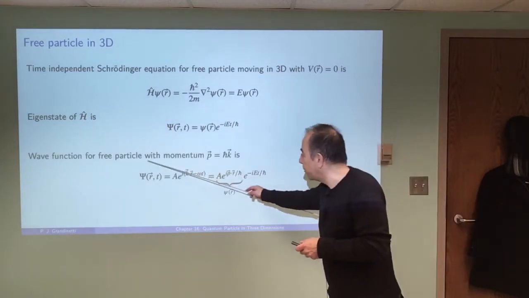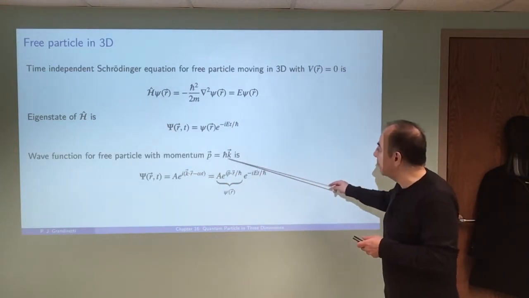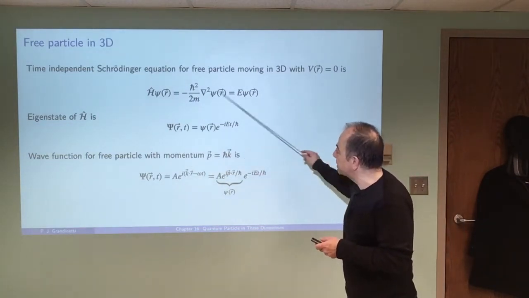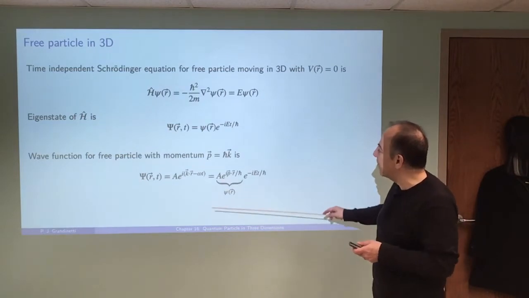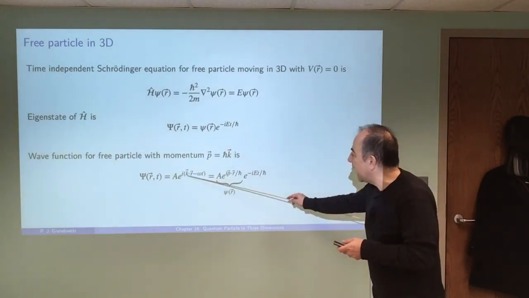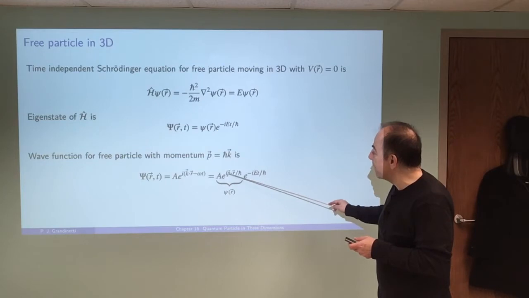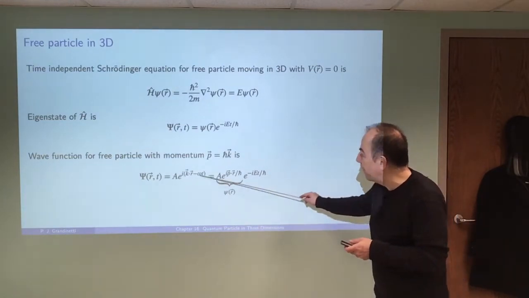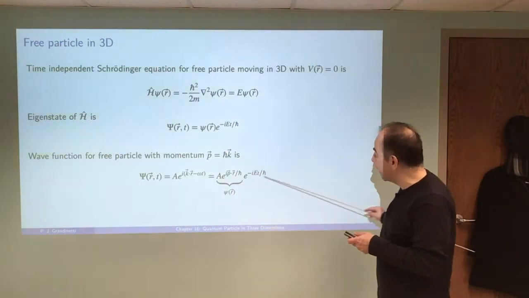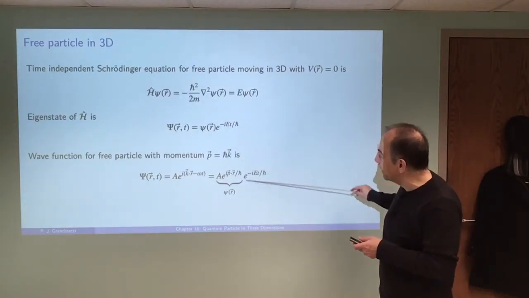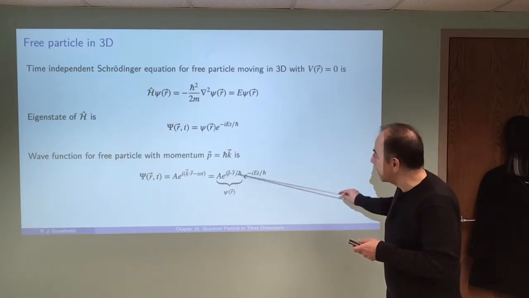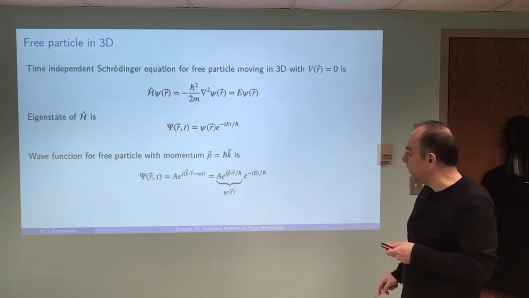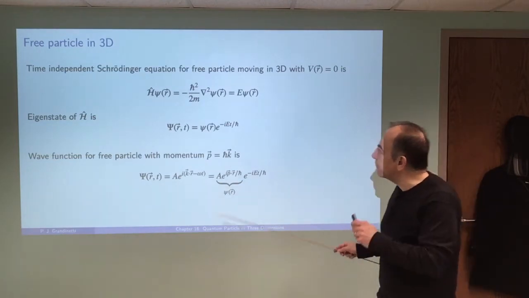For a free particle which has a momentum of h bar k, we can take the plane wave solution to this differential equation, and we can identify that k dot r just becomes p dot r divided by h bar. Using omega from E equals h bar omega, we can make this substitution, and we see that the stationary state psi of r is just going to be related to the momentum. Okay, so that's it for the free particle.